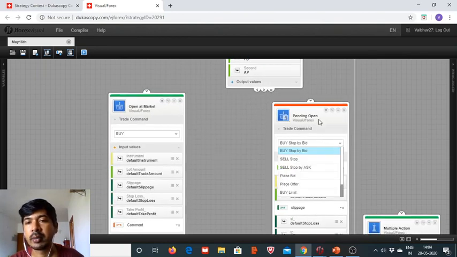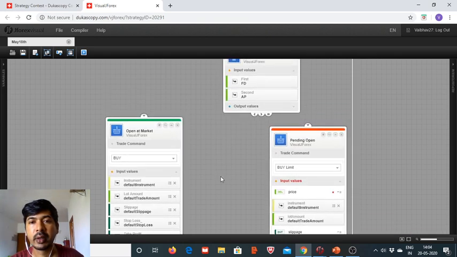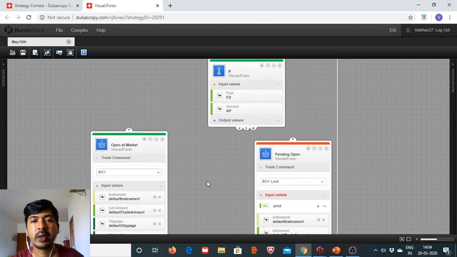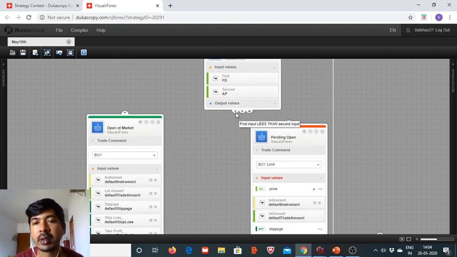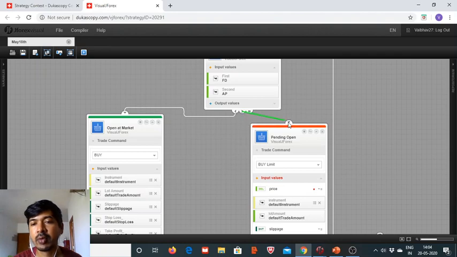One is current market open and one will be buy limit. And here, if the fractal difference is less than the 5% of the ATR range defined at the daily timeframe, then we go for a market open, and if it is greater, then we go for a pending open.